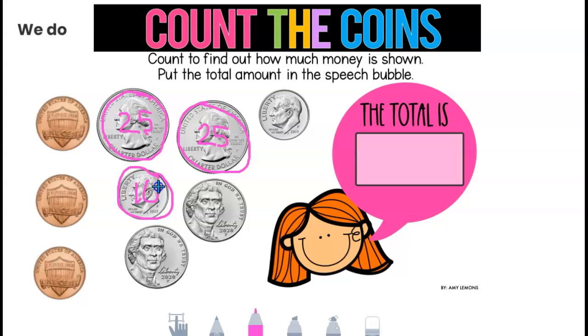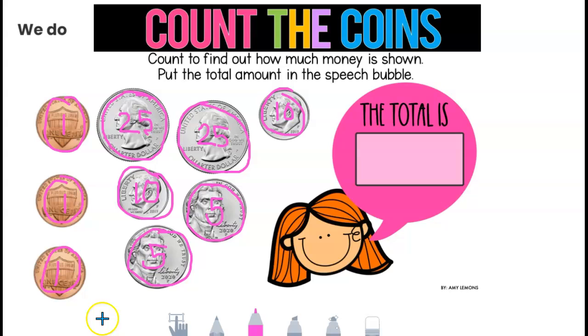So that's 10 and 10. Okay, then we've got our nickels. They're worth 5, 5. And our 3 pennies. 1, 2, 3. So draw 3 circles with 1s in them.